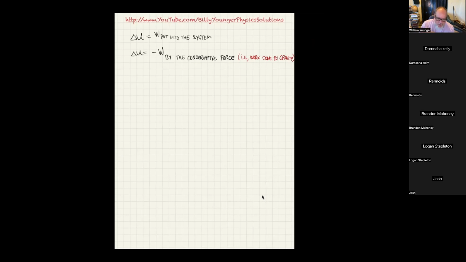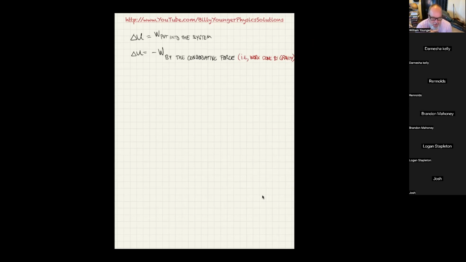And now, because I moved that person from ground height to the top of the ladder or the top of the fence post or whatever, they have a potential energy that's equal to mgy, which turns out to be the bare minimum force that I could have applied to lift the person of mass m up, and then multiplied by the distance that I pushed the person, which is a distance y. So you see you get positive mgy.